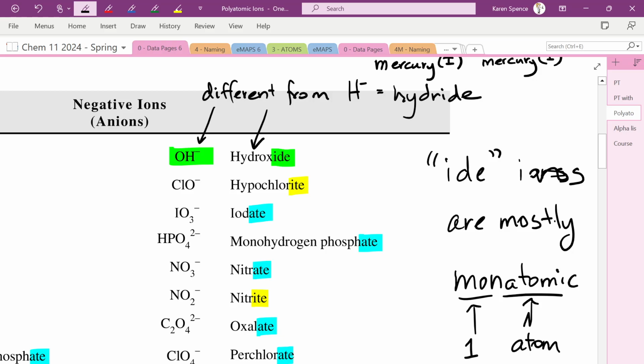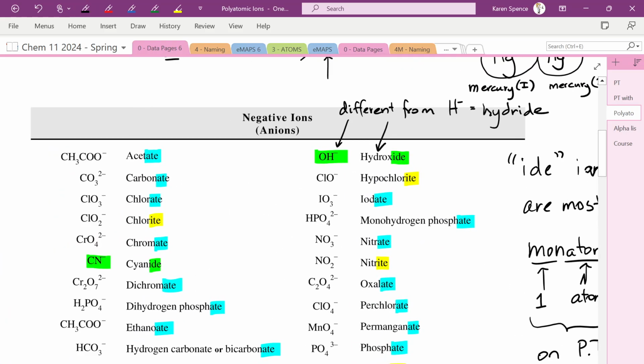I noticed some people have been using hydroxide when they actually mean hydride, because I think we use hydroxide so often that it just kind of gets in your brain. So if you see just an H, if you say NaH, it's not sodium hydroxide, it's sodium hydride. Okay? And the other one is cyanide.